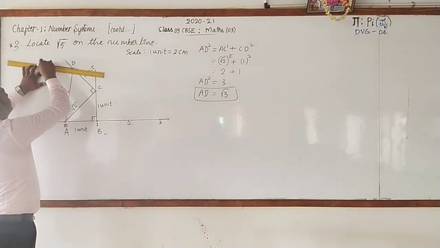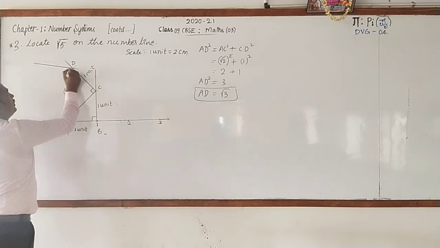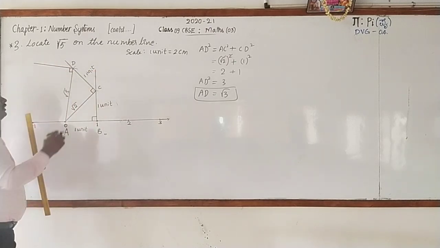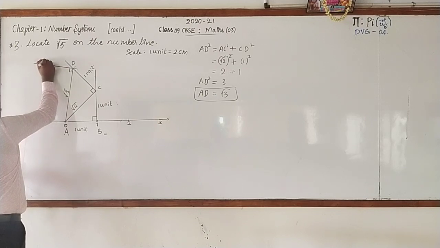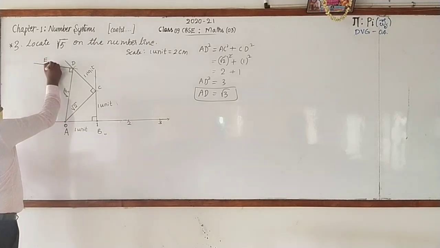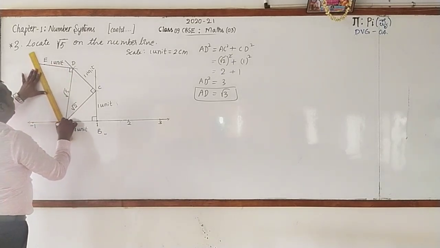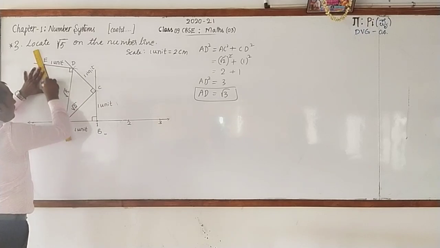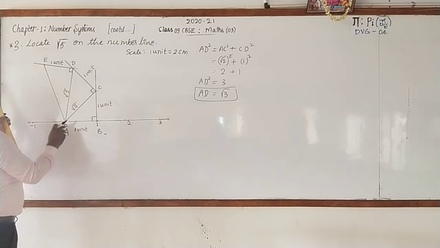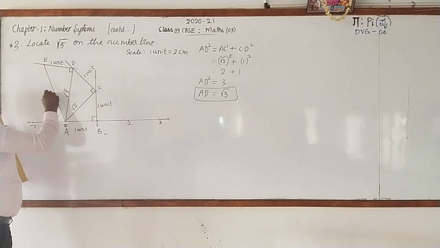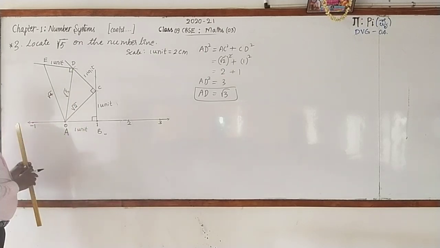Draw a perpendicular, show the perpendicular symbol, and call this point E. What is the distance of ED? That is 1 unit. Then join AE. AE is how much? It will be root 4, nothing but just 2.